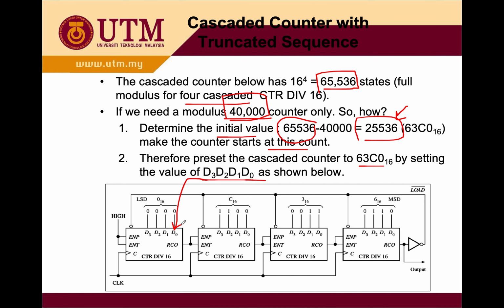So you need to set up first the initial value, the preset cascade counter. So this is on the cascade counter. If you didn't understand, as usual, please WhatsApp me or ask me in the class.